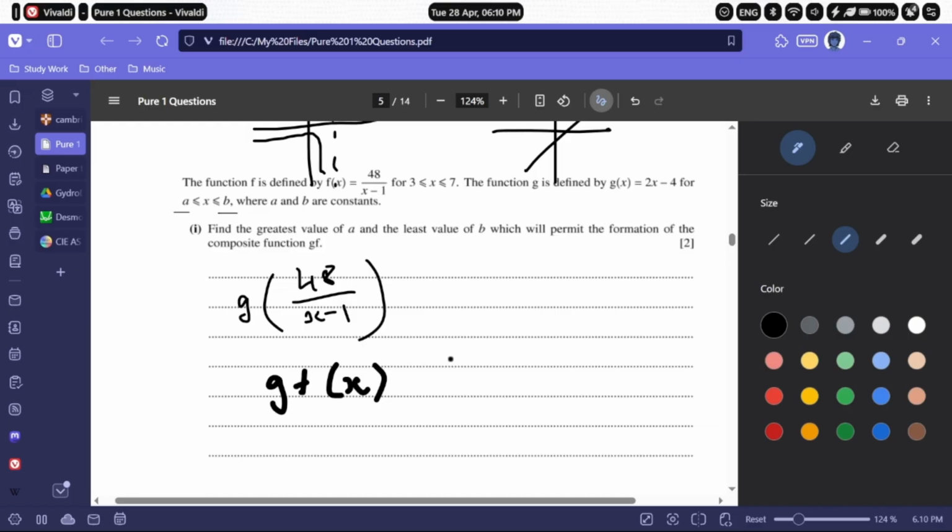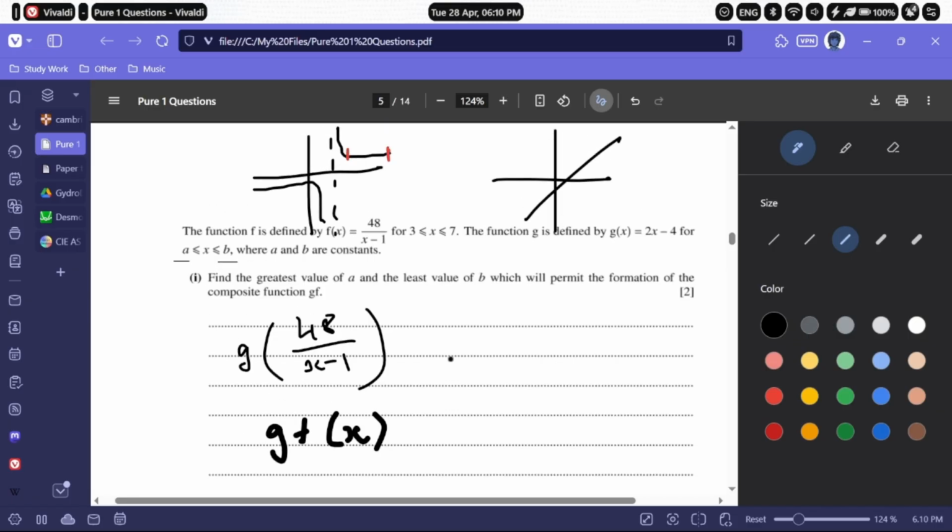So you can just find out what the range for f of x is. You do that by inputting 3 and 7. I'm trying to explain how it works as well, because I could just do the working right away, but I feel it would be better if I explained it. Anyway, you do f of 3 and then f of 7 to get your maxima and minima. So it's 48 over 3 minus 1, so that's 24.